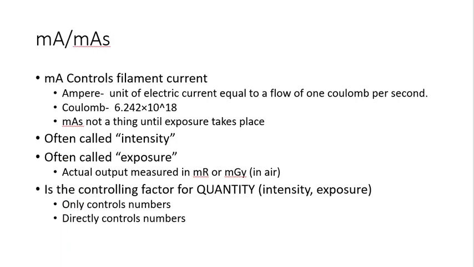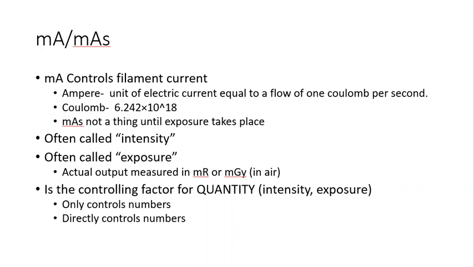So mA and mAs, what it controls is the heating of the filament. So it controls the filament current. Again, back to chapter 4 and the laws of electrostatics and electricity, where we walk through the effects of electric current. If you send electrons through a circuit, then you create heat. You create magnetism, but you also create heat. So mA controls the heating of the filament.